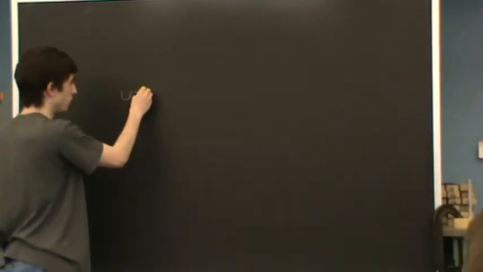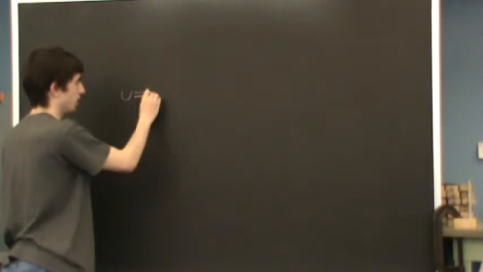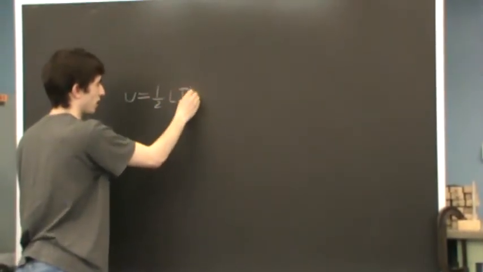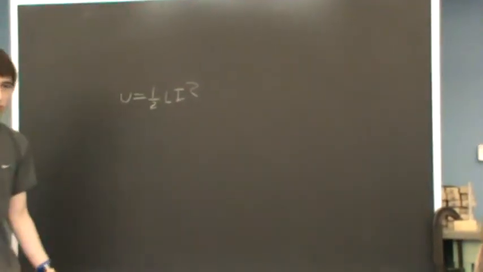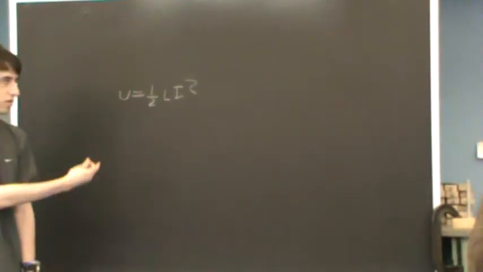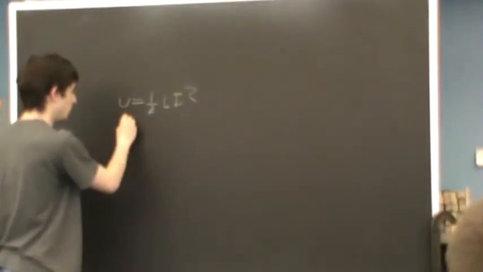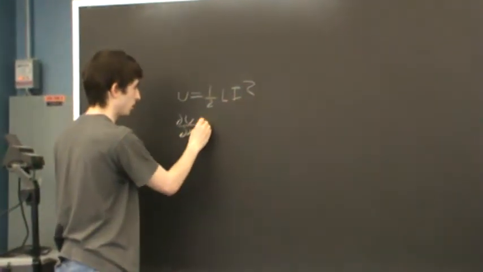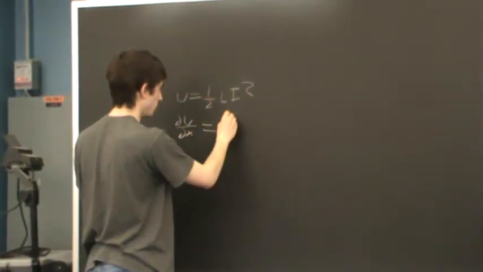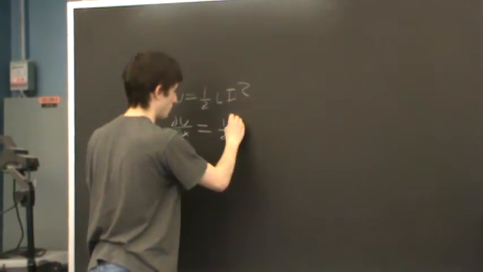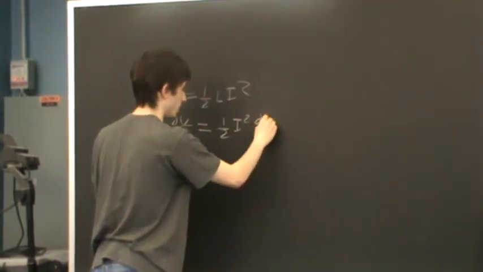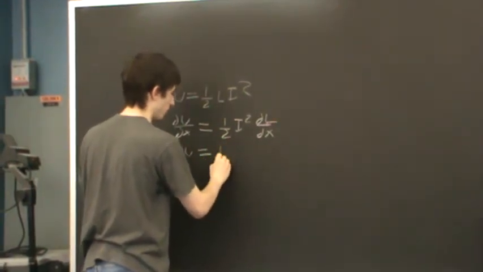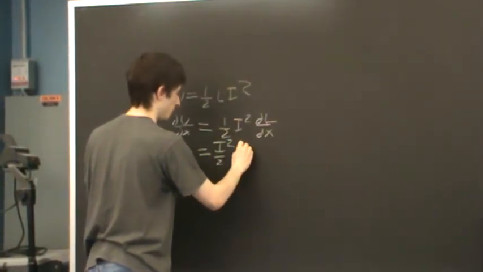So first you need, is this 10.20? Yeah, this is 5.20. So that's just U of any circuit. Any du dx equals 1/2 I squared, because I is constant, dL dx, or dU equals 1/2 I squared dL.